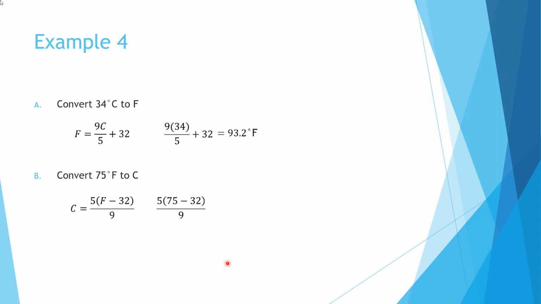So plugging in 75, you subtract, multiply by 5, and then divide by 9, and you get approximately 23.9 degrees Celsius. Oh, and I say approximately because I did round to the nearest tenth. And they'll tell you how they want it rounded.